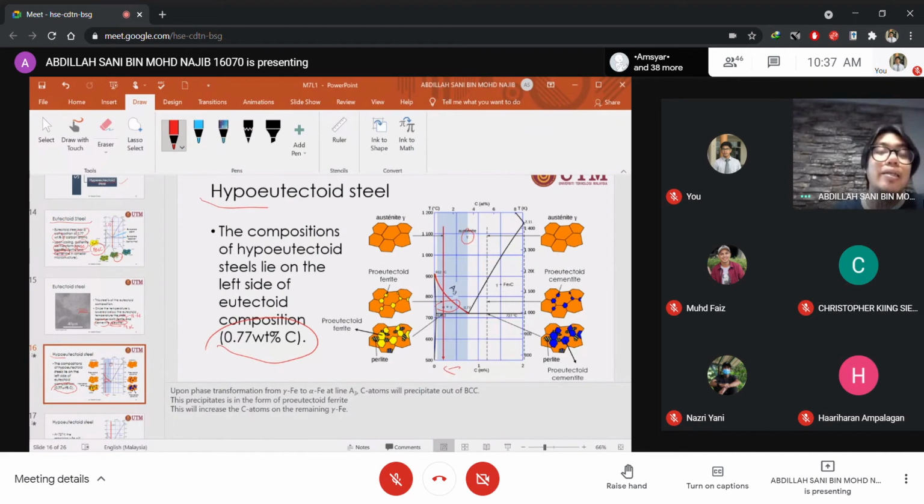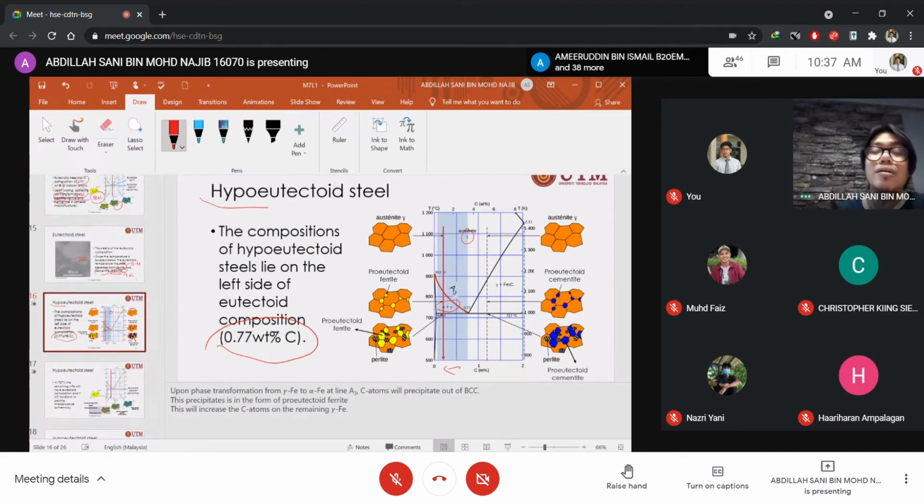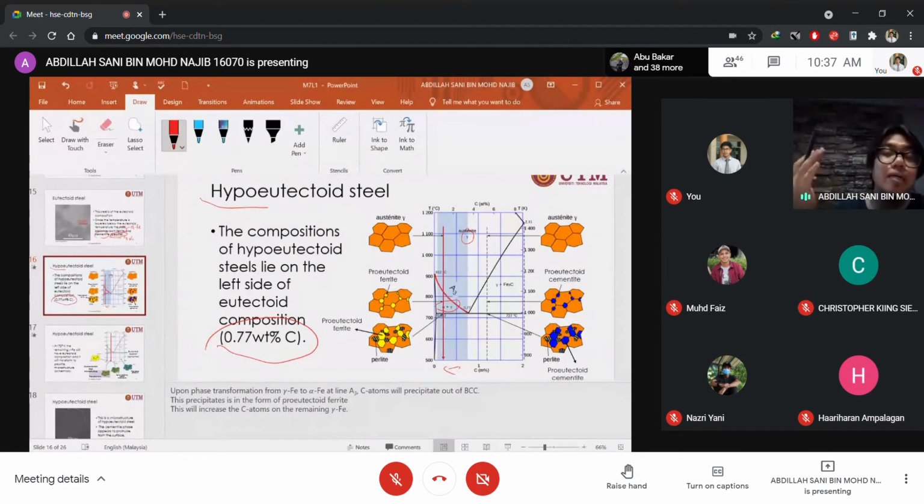Gamma becomes gamma plus alpha first. I can say gamma partially becomes alpha first.